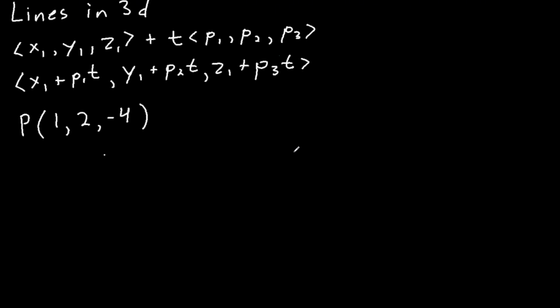We say we have point P, and the vector that is parallel to this line is 3, 4, 6 or something. Represent, or at least try to represent this right here. Given this information, try to represent it as a line using any of these forms.